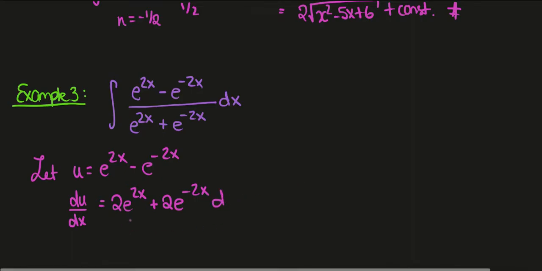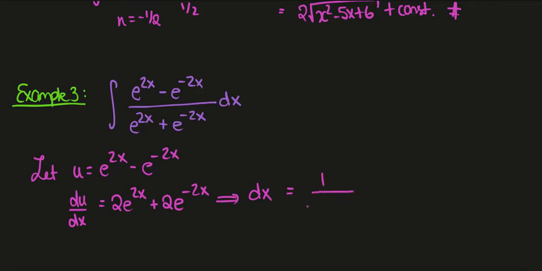We've got a dx in the denominator. So now dx is equal to 1 over 2 times e to the 2x plus e to the minus 2x, and then we'll have a du.